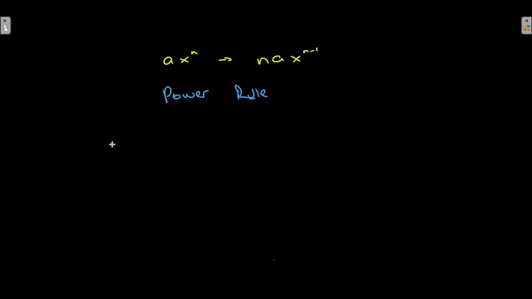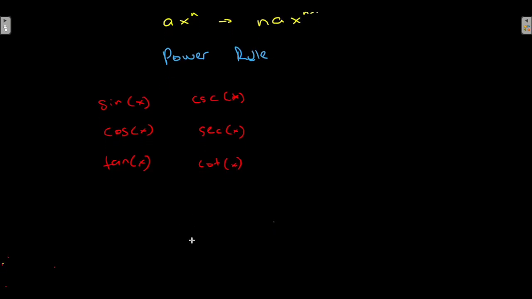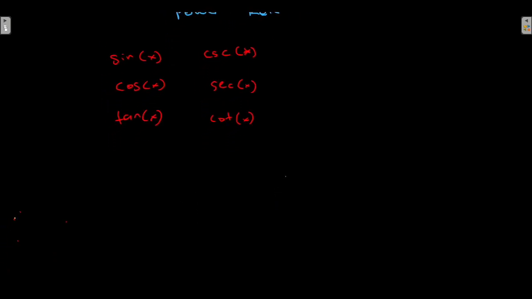For example, how do we differentiate sine x, or cosine x, or tan x, or even the reciprocals of these? So cosecant x, secant x, cotangent x. How do we differentiate all these? So you could use the definition of a derivative, and you could do sine of (x plus h) minus sine of x over h, limit as h approaches 0.